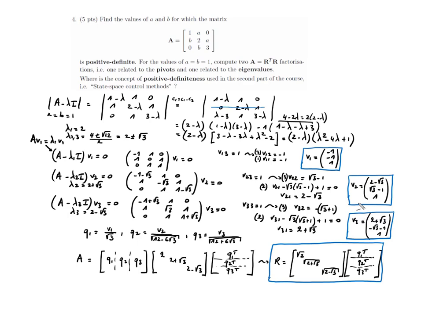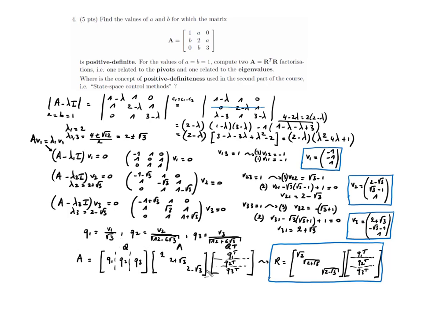Of course, we need to normalize those vectors, so you need to divide by the length, and of course this is here a bit complicated, so I've left it like this. You can, well, factorize A as Q lambda Q transpose, with the Q defined as follows: Q1, Q2, Q3, obtained using the eigenvectors and giving them a unit length, right?